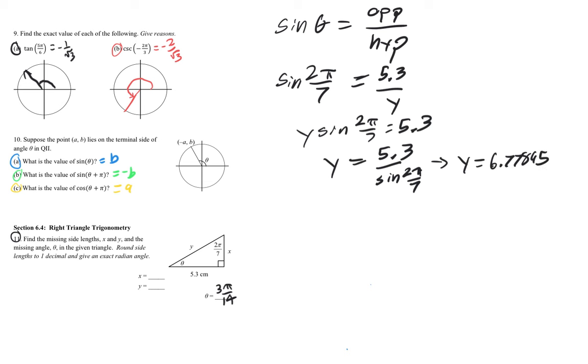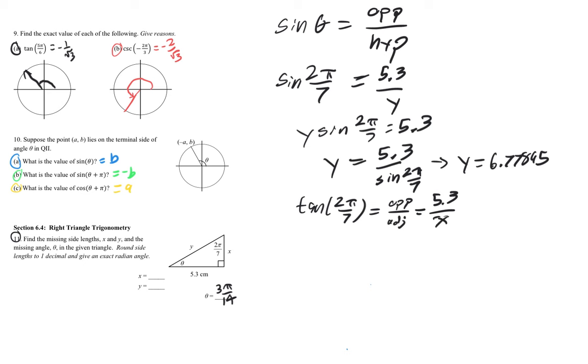Now we want to find our x value, right? So we can use either cosine or tangent. Let's go ahead and use tangent. So tangent of 2 pi over 7 is going to be equal to opposite over adjacent, right? In this case, our opposite is still 5.3, and our adjacent is our x.